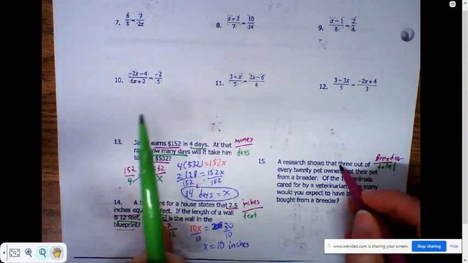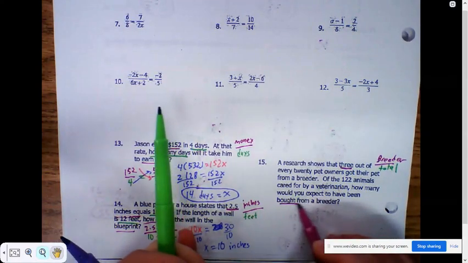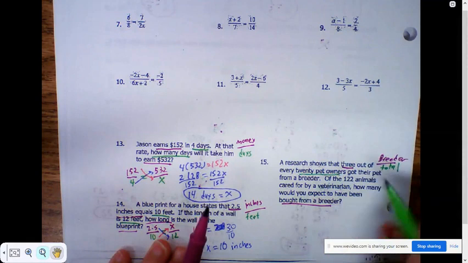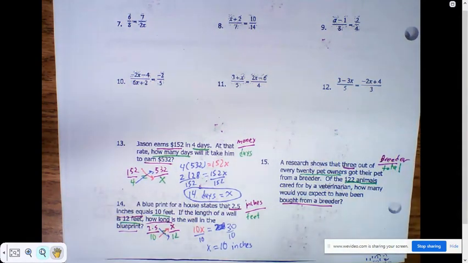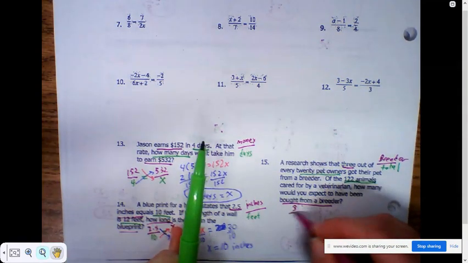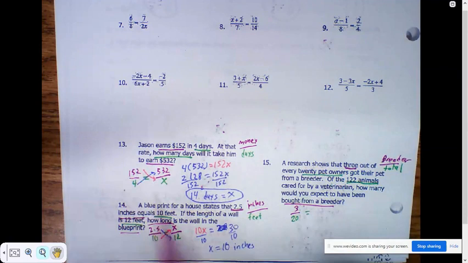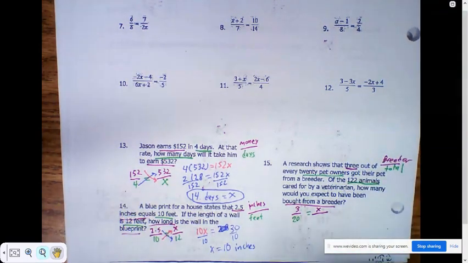So I get 3 pets from a breeder, and I'm trying to figure out how many came from a breeder. I have 20 pet owners, and this vet sees 122 animals total. So it's going to be 3 over 20 equals, I don't know, over 122.